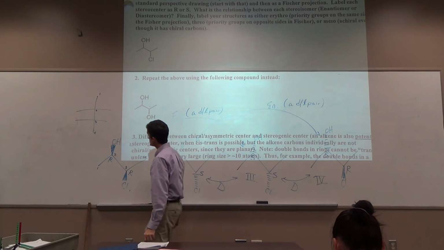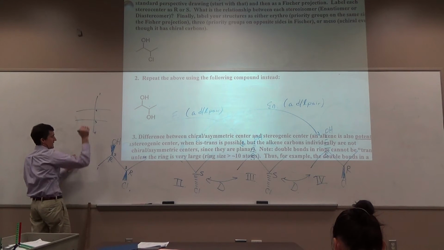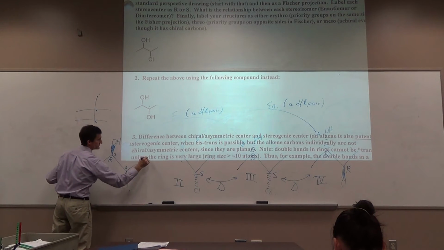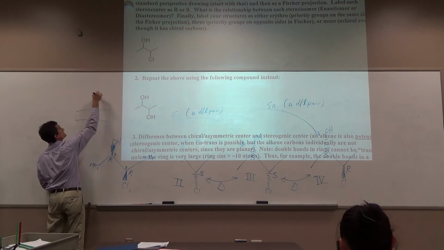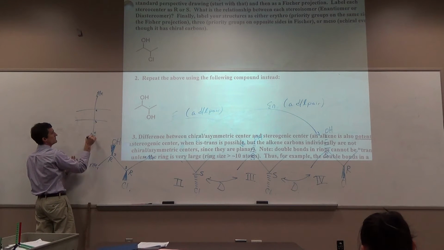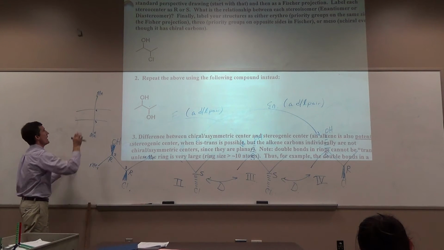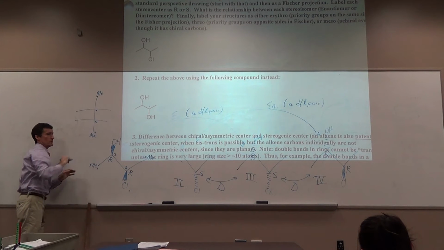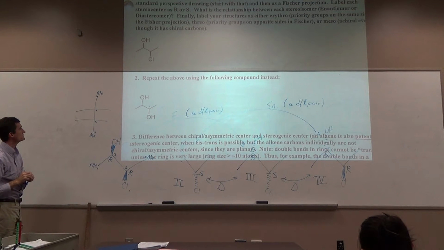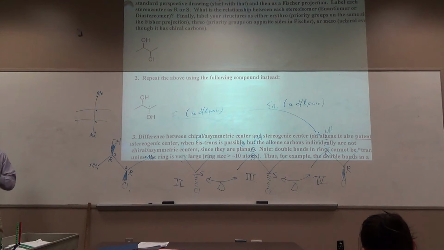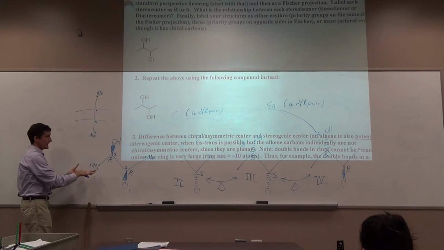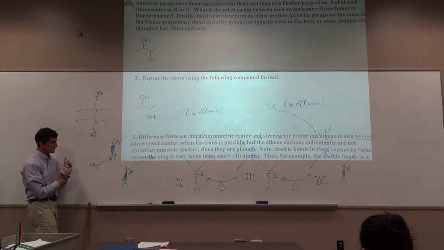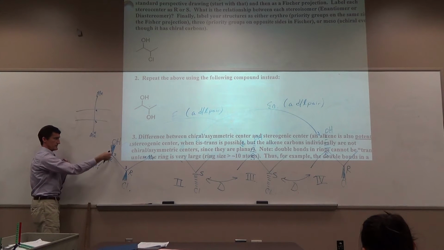Okay. I'm going to put methyls here. Those are methyls on the ends. In the Fisher, is that methyl going away or coming towards us? Going away. Up and down means away. I want to look at this with the methyl going away. So do I want to stay on this side of this carbon or on that side of the carbon?